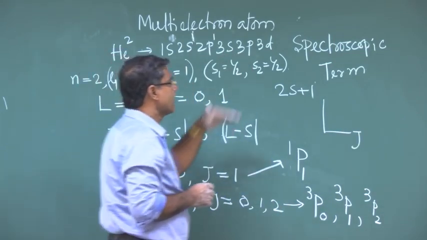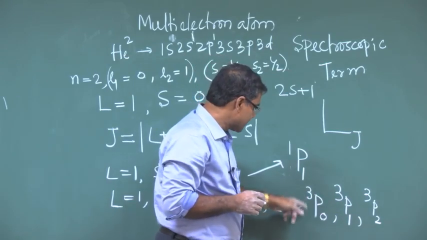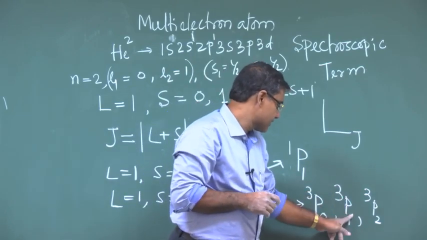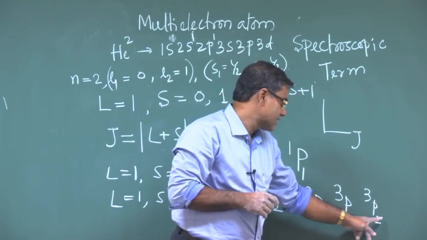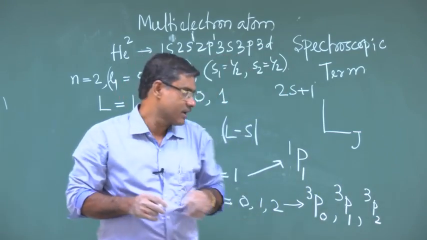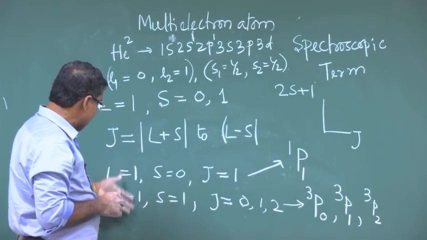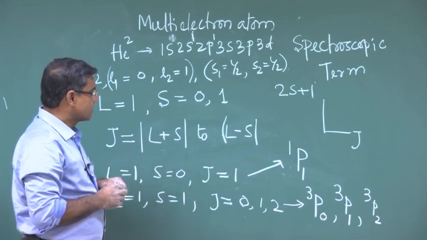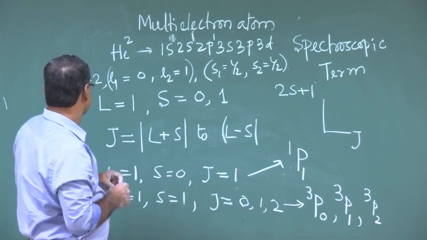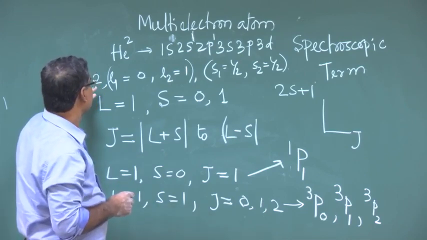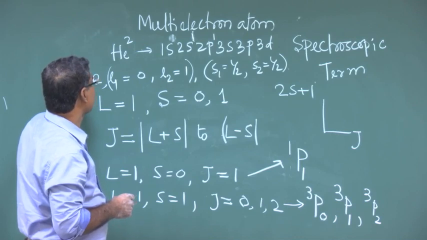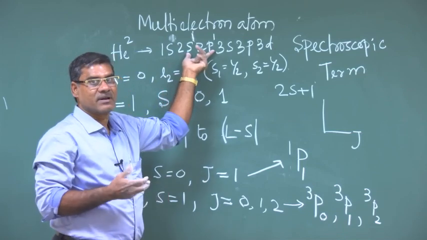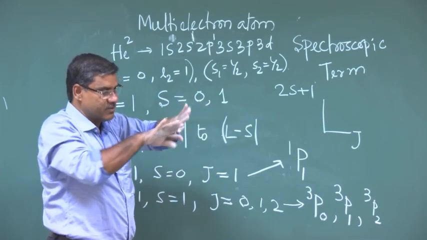So this term will have lower energy than the J value 1, then the J value 2. So due to this LS coupling, the energy will be split. Although both electrons' n values are the same, their L values are different, so obviously their energy will be different.